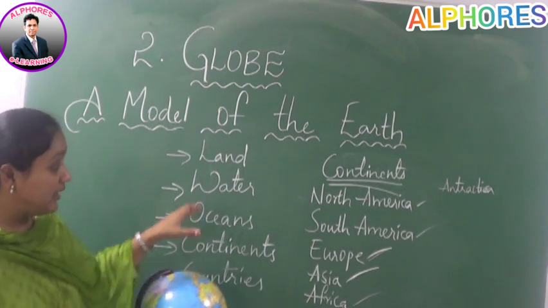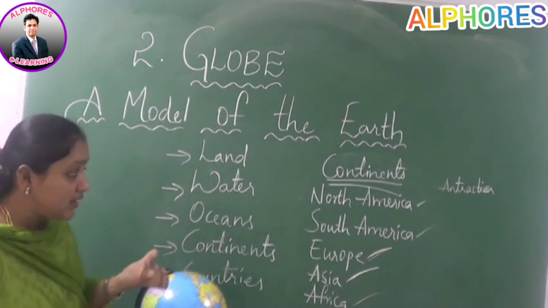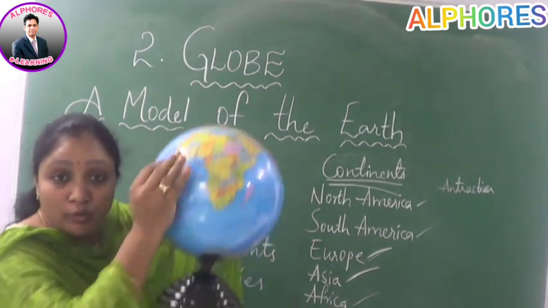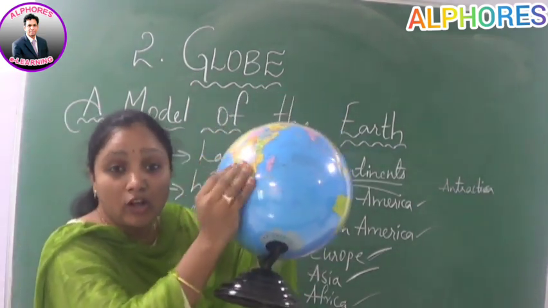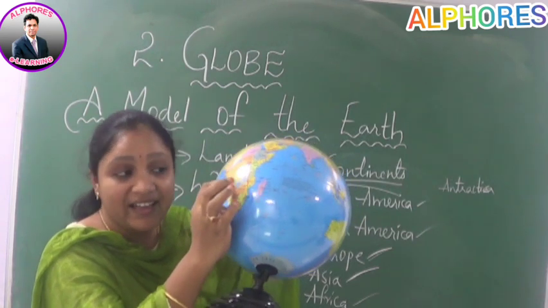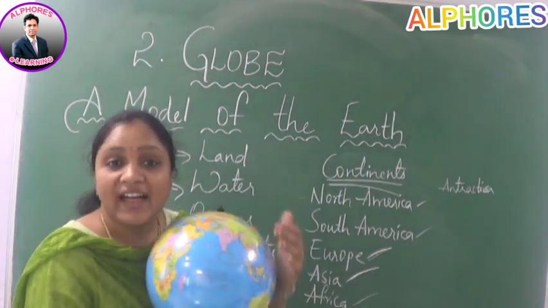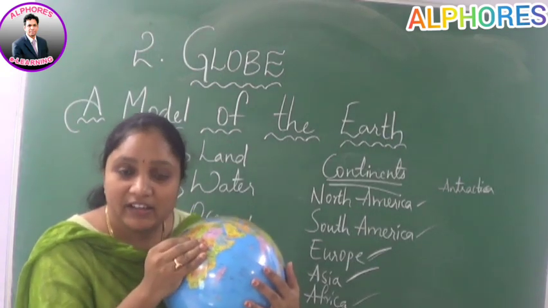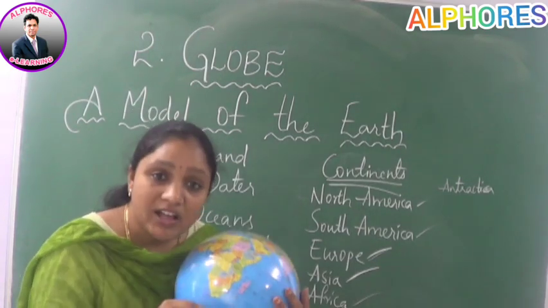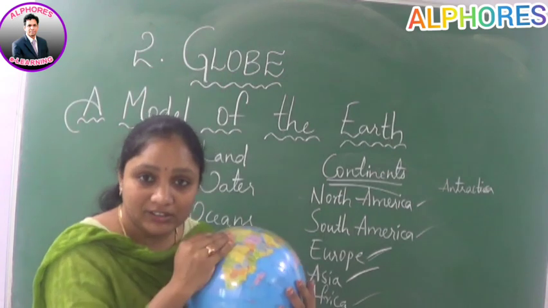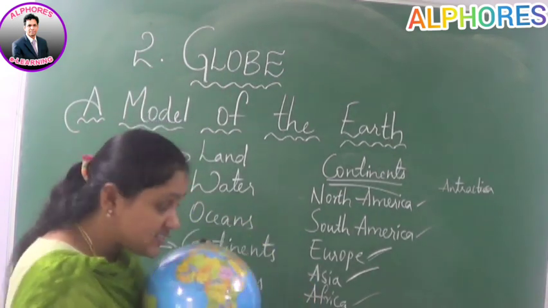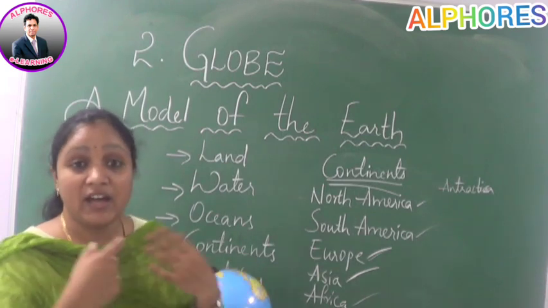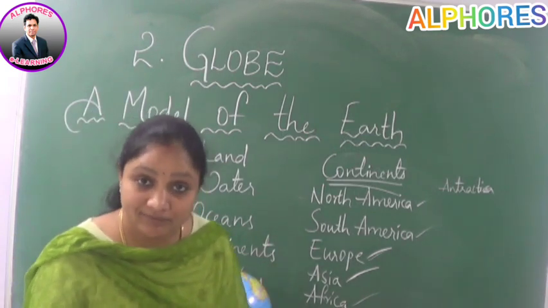Why? Because the earth pulls us towards it. This earth pulls towards it because it contains a magnet. Okay, as it contains the magnetic force, it never allows us to fall off from the earth. That's the reason we cannot see any sort of movements as if we are about to fall.